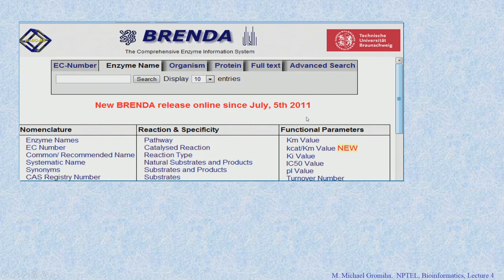It contains various information. For example, if you take any enzyme, first they have the nomenclature: enzyme names, enzyme number, synonyms and so on. They have information regarding reaction and specificity, such as pathways and substrates, and the functional parameters, like the dissociation constant, IC50 values, pH and so on.